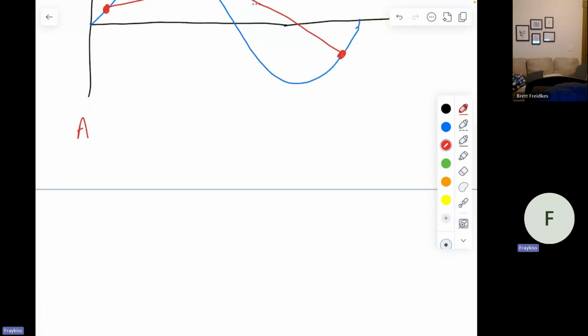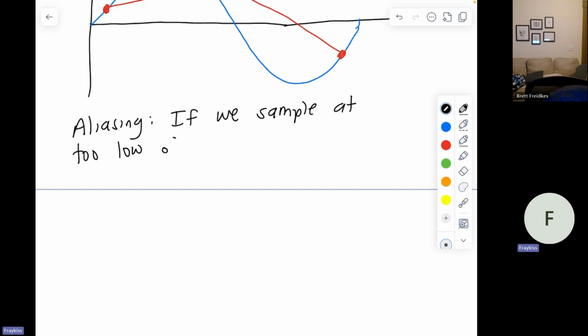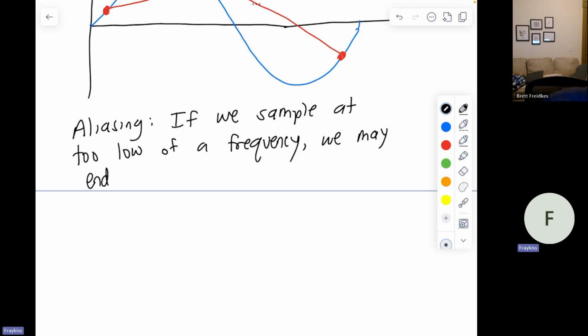So aliasing, I want to make sure I follow the definition I gave in my notes, basically says that if we sample at too low of a frequency, we may end up presenting an incorrect frequency.